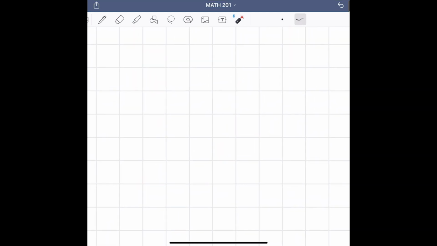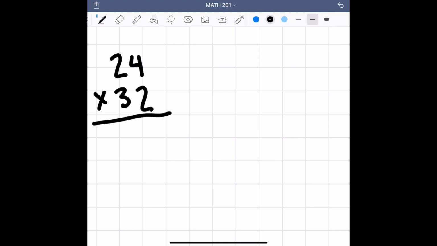Now in the last step of the CRA process, we are going to represent 24 times 32 in the abstract format. So the abstract format talks more about numbers and equations. For 24 times 32 in the abstract method, we are going to write it out in the vertical equation, and we are going to start multiplying.